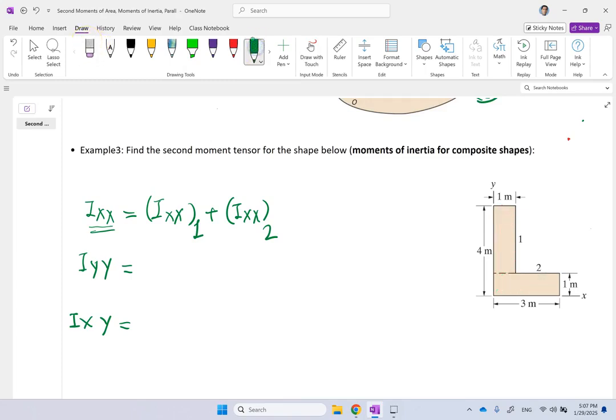We know that for rectangles, it's exactly in the middle. So that's centroid 1, and this is centroid 2. So for shape 1, I know it if my axes were here. For shape 2, I know it if they were here.